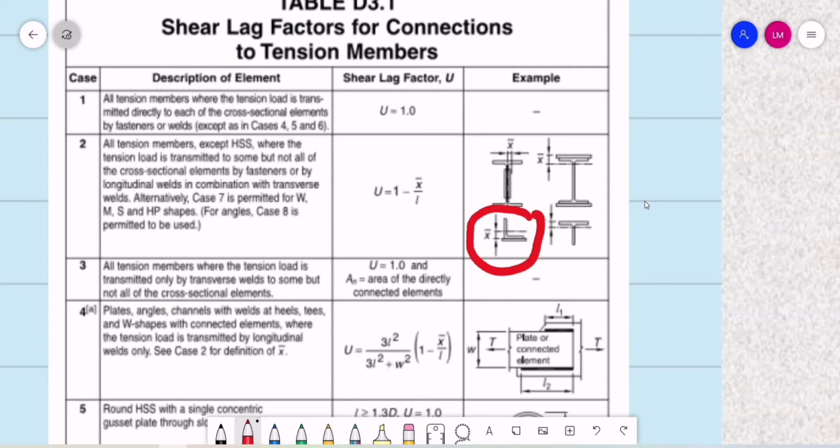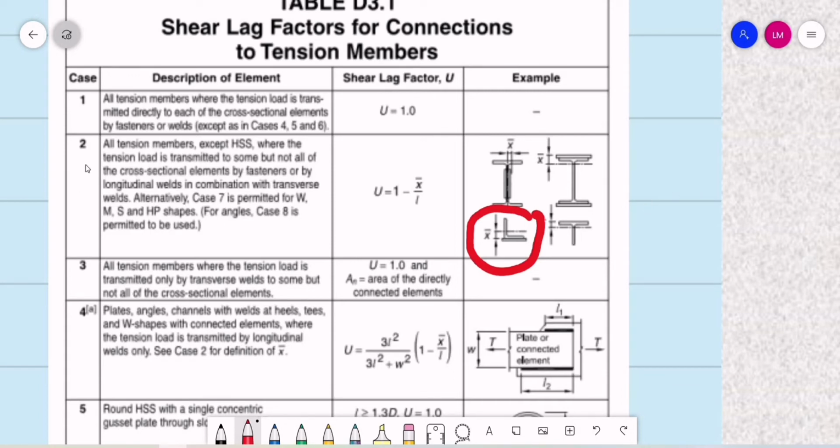For number 2, all tension members except HSS, or that is the high-speed steel, I think, a type of alloy, where the tension load is transmitted to some but not all cross-sectional elements by fasteners or by longitudinal welds in combination with transverse welds.